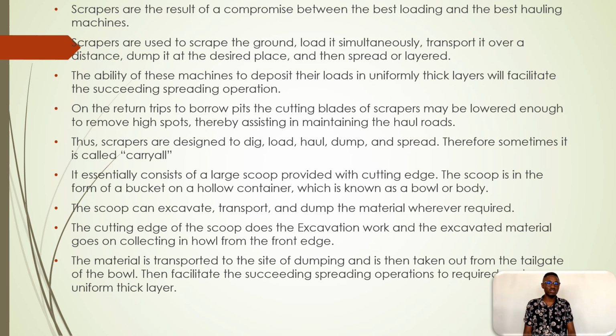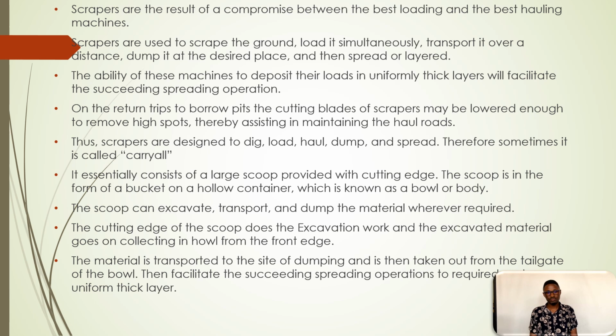It essentially consists of a large scoop provided with a cutting edge. The scoop is in the form of a bucket on a hollow container, which is also known as a bowl or body. The scoop can excavate, transport, and dump the material wherever required.